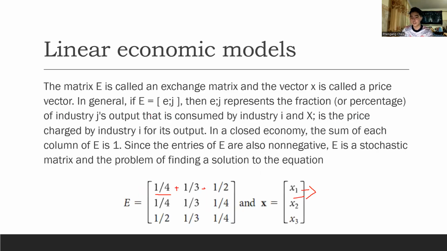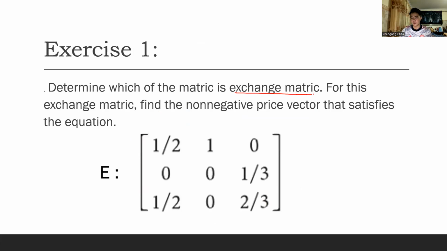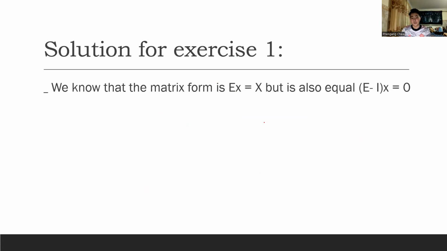As we know, E is the exchange matrix, and what we want to know is x, the price vector. We know that Ex equals x. I will show you how it turns from this into this. We want to move the x on the right-hand side to the left-hand side.